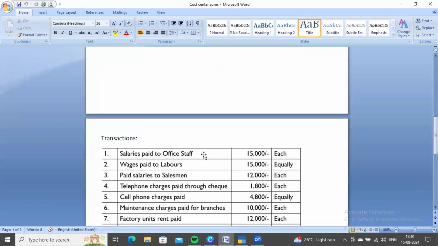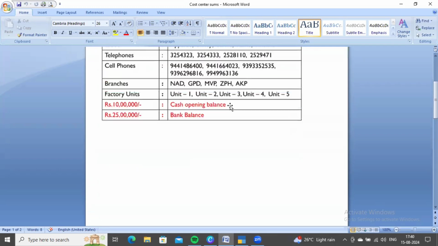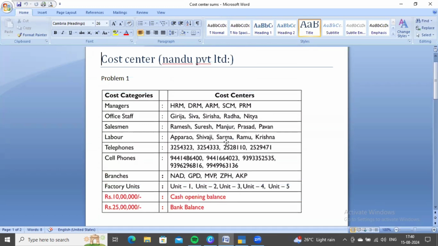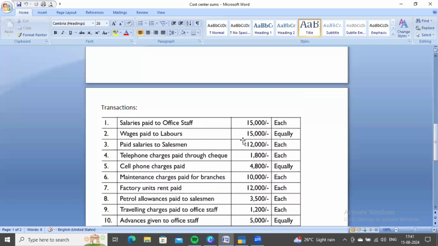And the next transaction is wages paid to laborers. Here you are assigning the wages as a cost to the labor category, right? 15,000 equally. There are 5 cost centers under the labor category, so you are assigning 15,000 equally among the 5 members.